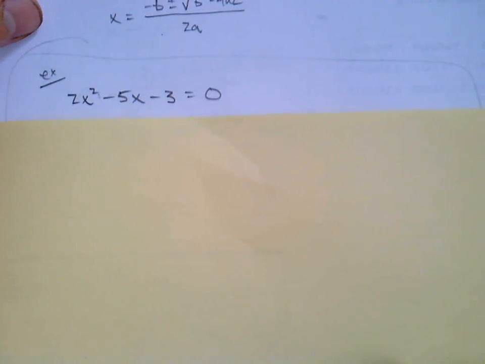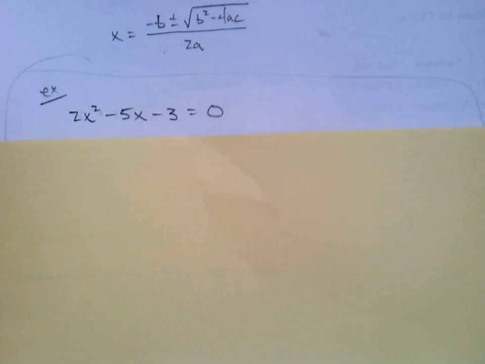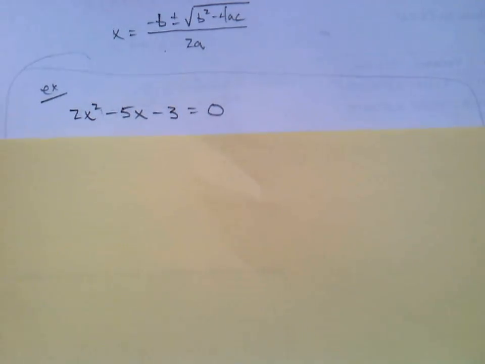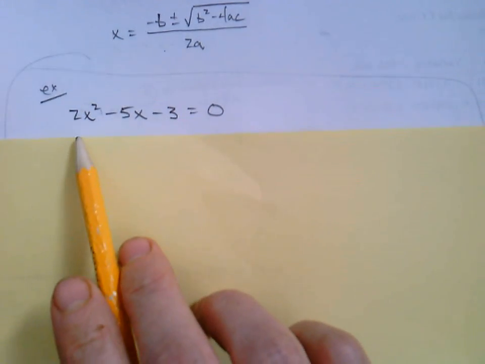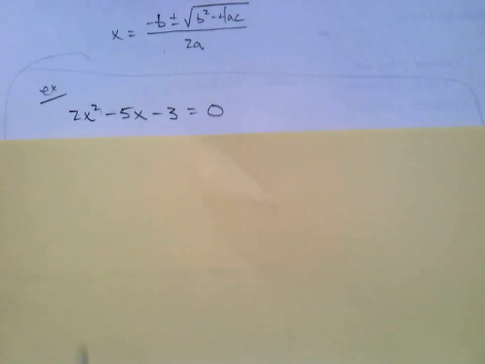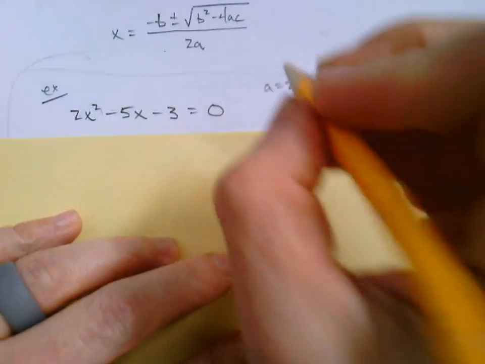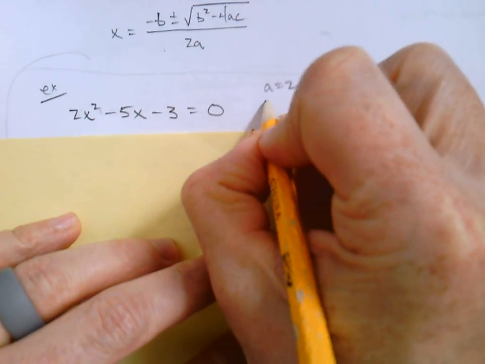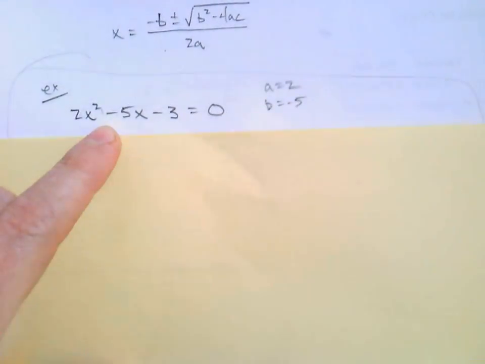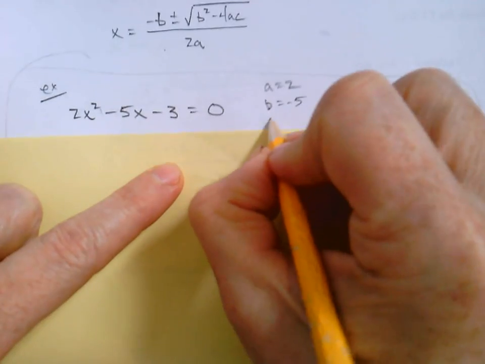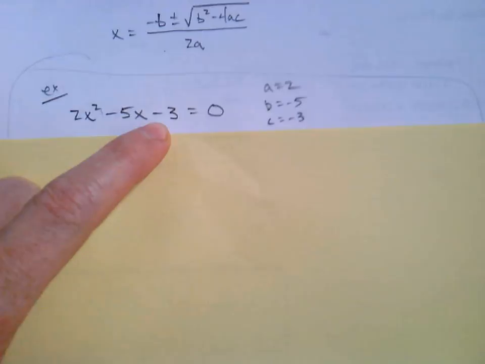So imagine you have 2x squared minus 5x minus 3 equals 0. You say, okay, that looks like ax squared plus bx plus c equals 0. I can see that a equals 2, b equals negative 5 because I take the negative with it, and c equals negative 3 because I take the negative with that.